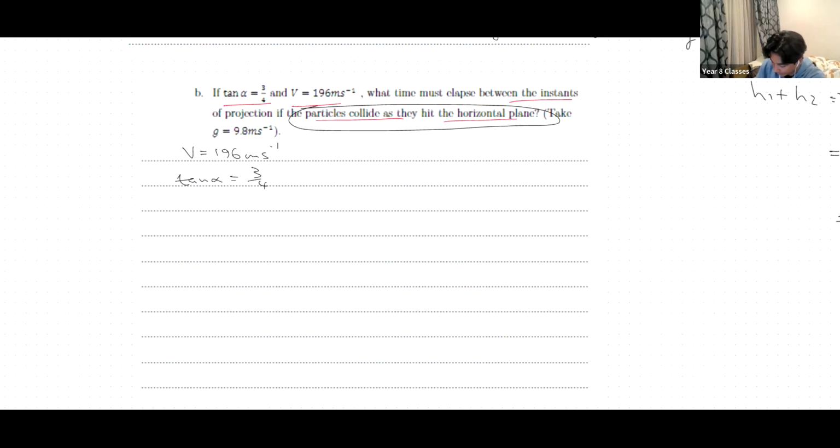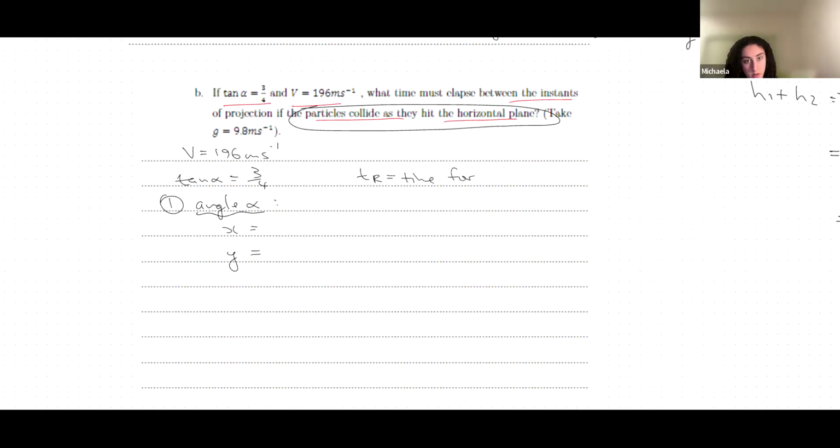Let's start by writing out, for the first particle that was shot, the one shot at the angle of alpha, the equation for its x displacement and its y displacement. We'll call TR the time for the first particle to collide with the ground.